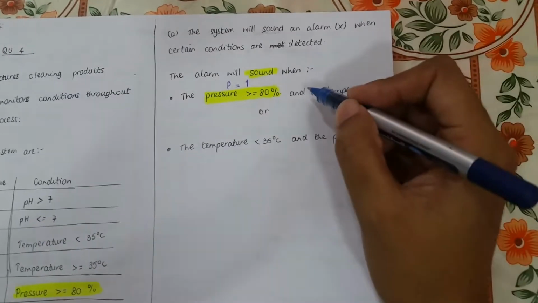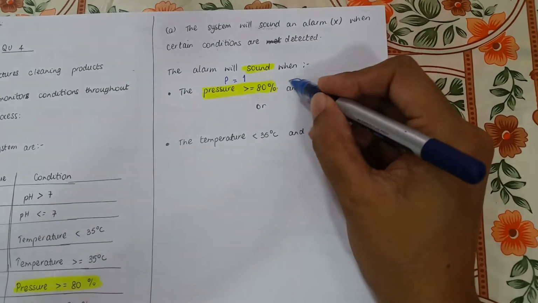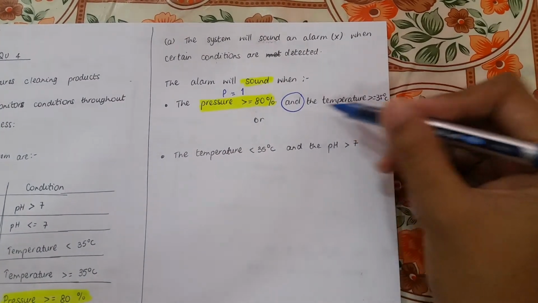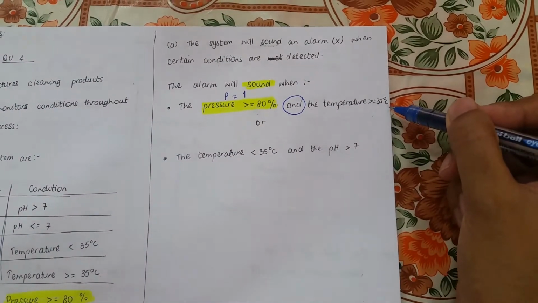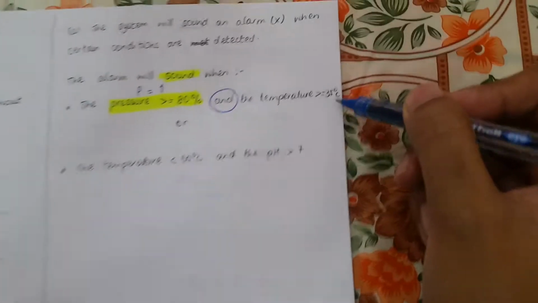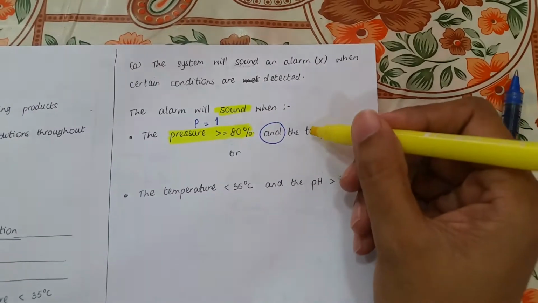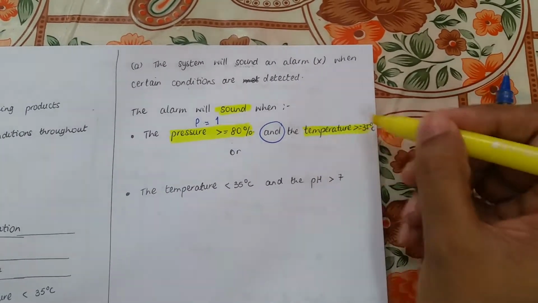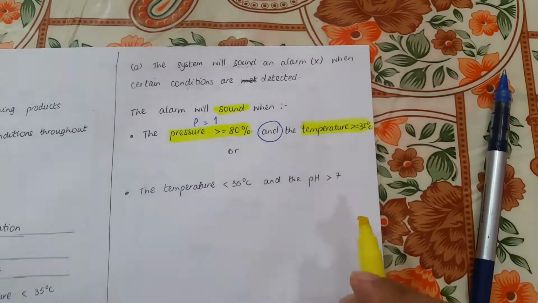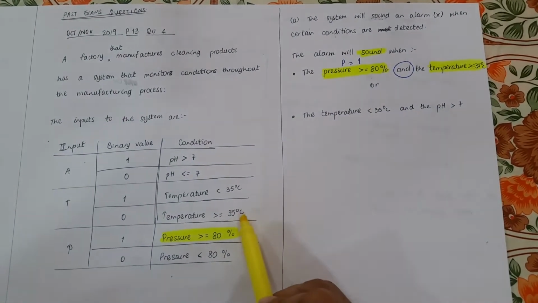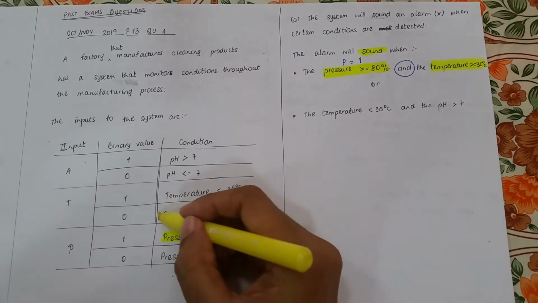Then you have AND. Forget that the word AND is coded as a gate; we circle it. The temperature is greater than 35 degrees Celsius. So this is a condition again. I am going to look for the condition. Here it is.